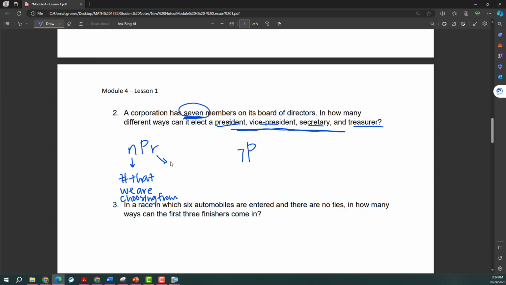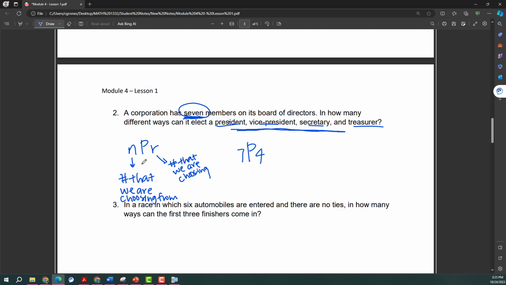Number that we are choosing. So in this case, we're picking 4 people. We're doing a president, vice president, secretary, and then treasurer. So it would be 7P4 is what gets put into our calculator.